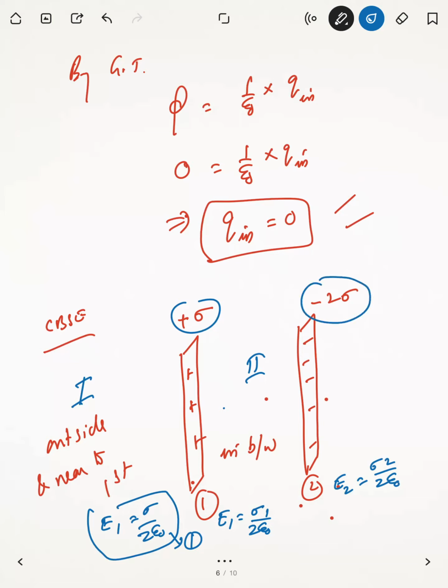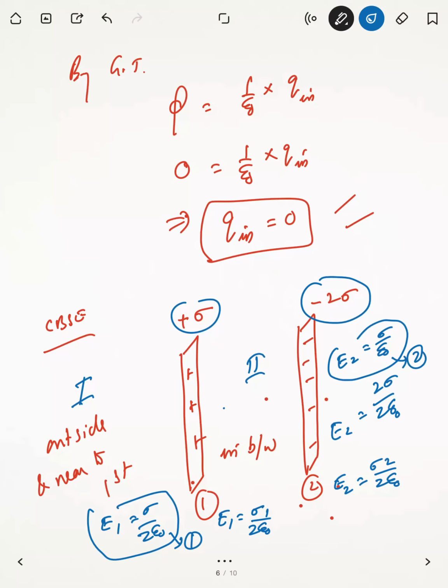The minus sign we write or mark for direction. So E2 is equal to 2 sigma divided by 2 epsilon 0. So the 2 cancels, E2 is equal to sigma by epsilon 0. This is E2 magnitude, equation number 2. You check the electric field magnitude of 1 and 2. Which one is greater?